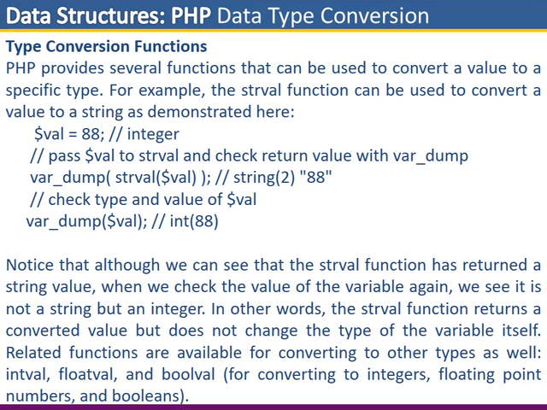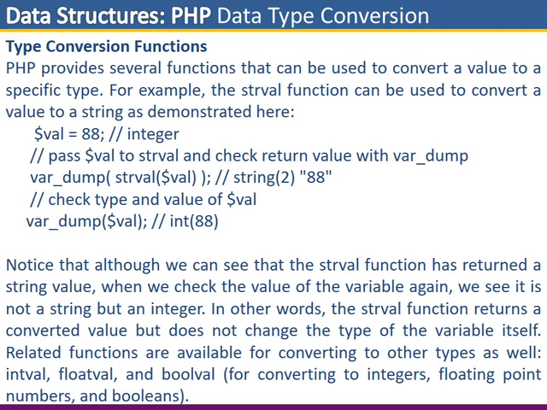We must take note that although the strval function returned a string value, when we show the value of the variable again, we see it is not a string but an integer.